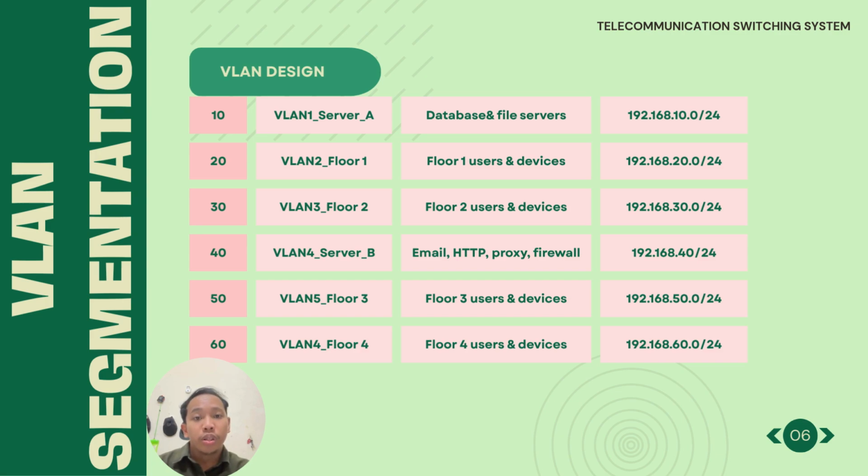By separating users and servers into different VLANs, we reduce unnecessary broadcast traffic, improve network security and make network management much easier. Each VLAN communicates through layer 3 routing while maintaining proper isolation between departments.